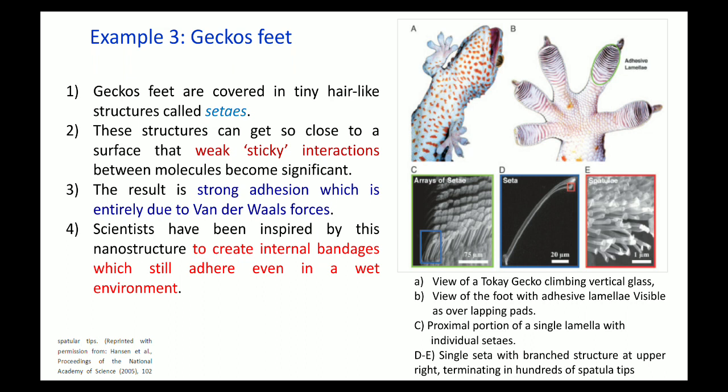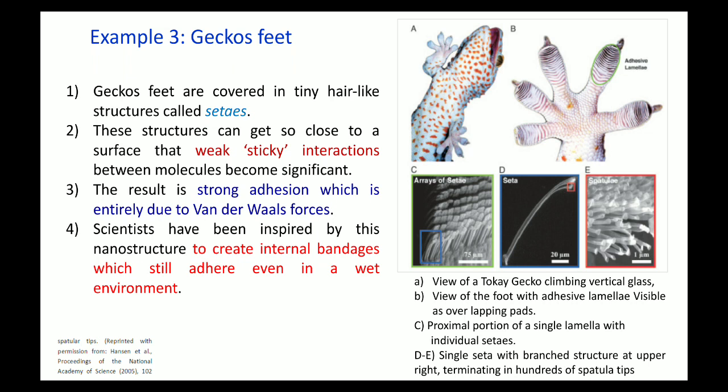On the top portion of this seta there is a branched structure, and that is shown in image E. You can see the single seta with a branched structure at upper right, terminating in hundreds of spatula tips.